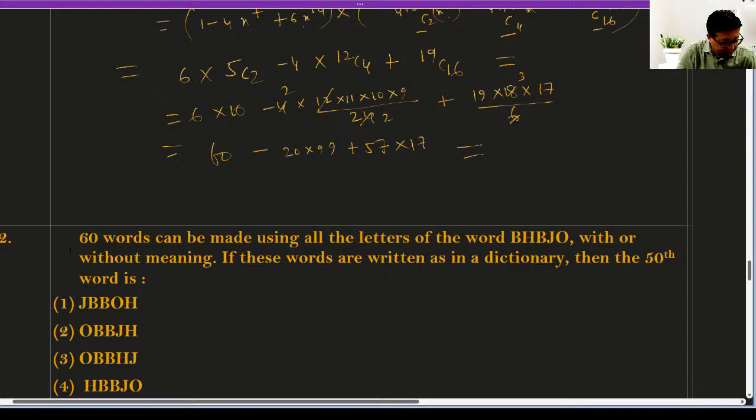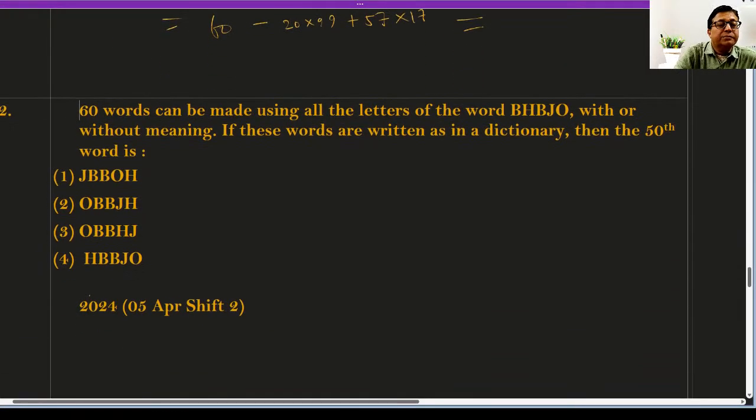This is also a rank problem. The problem we have just discussed, how to get the rank when repetition is there. But check first whether you need it or not. You have to find the rank of BHBJO.